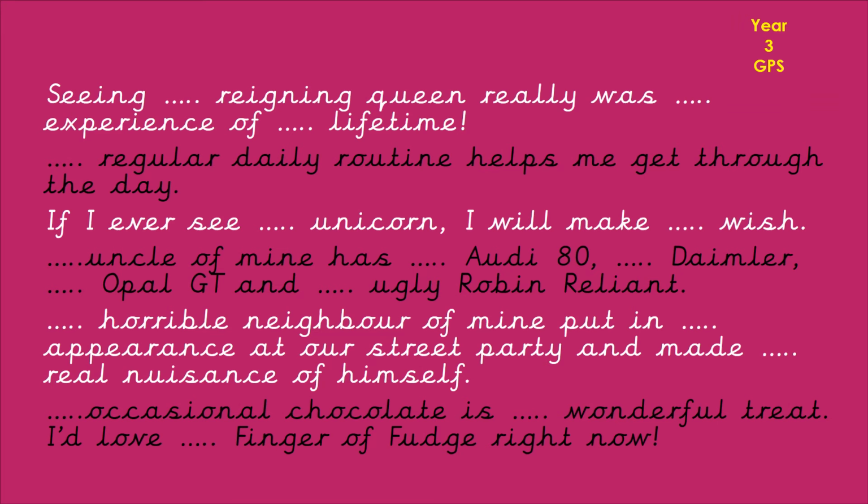Let's move on to some examples where you can fill in the missing gaps. Can you freeze the video at this point, copy out each sentence and fill in the missing words where the dots are? You're going to need to use either the word a or the word an. Remember to ask yourself, what does that next word begin with? Does it begin with a vowel or a consonant?